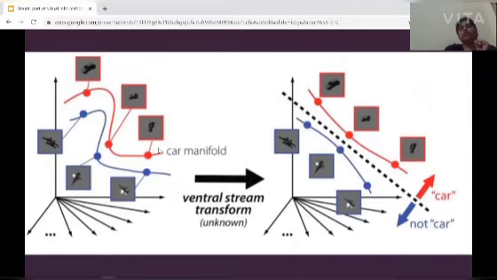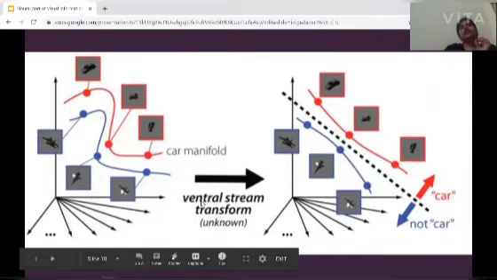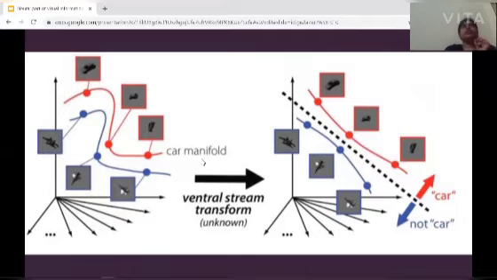These manifolds are highly curved and tangled in lower vision areas like LGN, V1, and the retina. Then these manifolds are forwarded along the ventral stream, where nonlinear transformations happen, and it finally outputs a representation in such a way that it is more discernible from other objects.